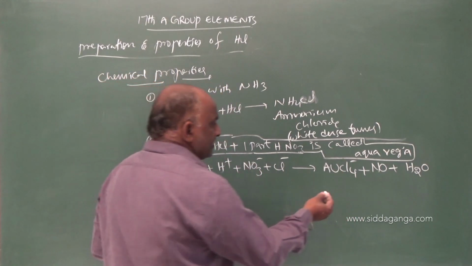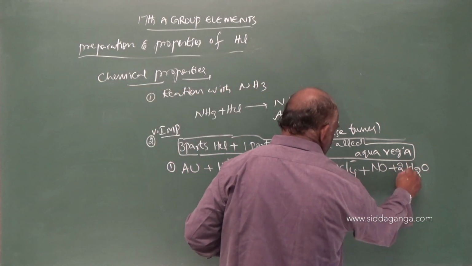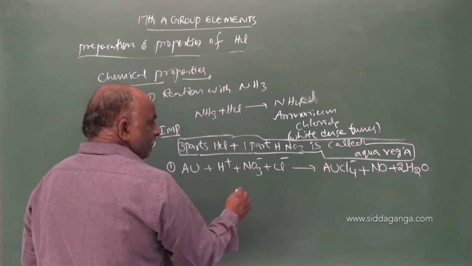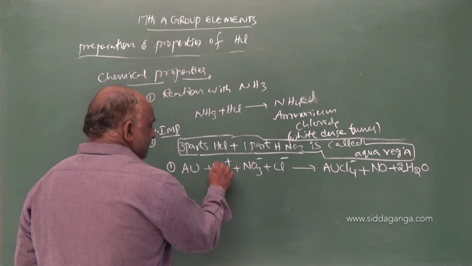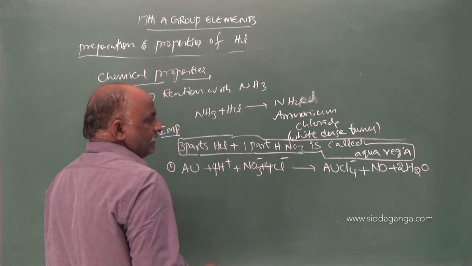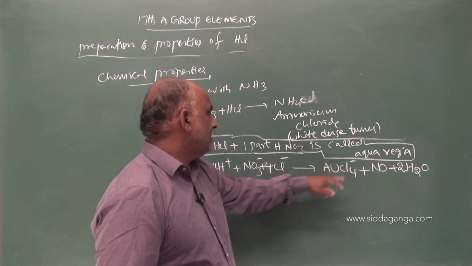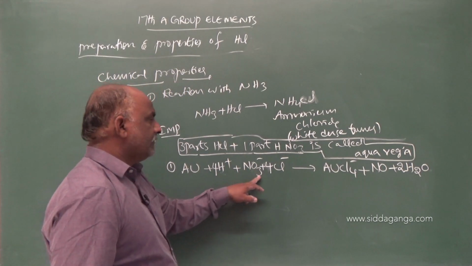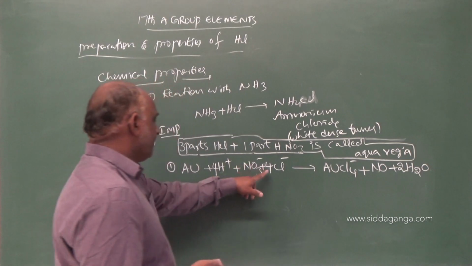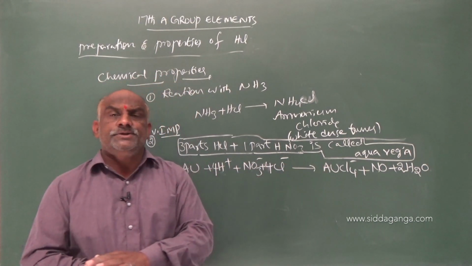So balance this equation. 1 H plus, 2 H plus, you should add 2 H2O. 2 plus 1, 3 oxygens. 4 H plus, 4 Cl minus, because the number of chlorines is 4. Number of oxygens 3, 1 plus 2. Number of hydrogens 2 to 4. Number of gold 1. So this was a balanced equation.